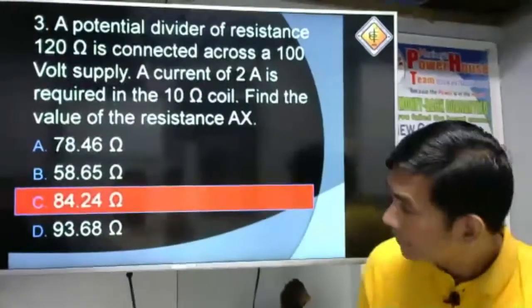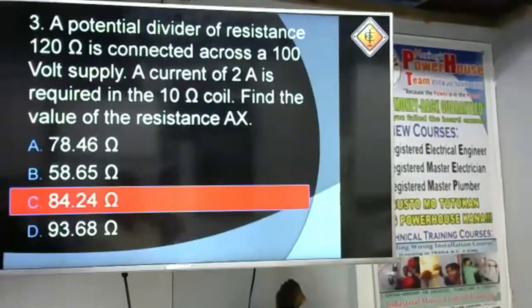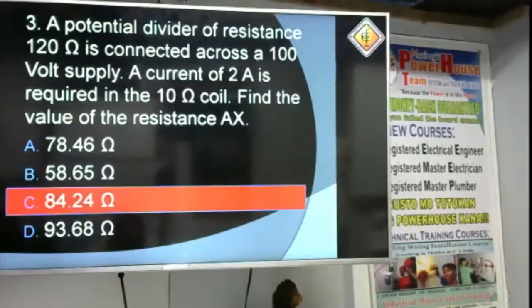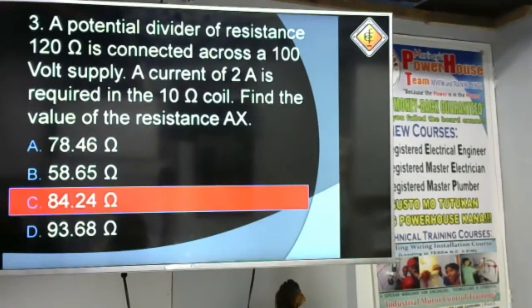So that is letter C. Okay, that's the answer. 84.24 ohms. Okay, that is the value of our resistance R here.